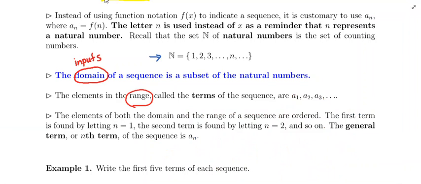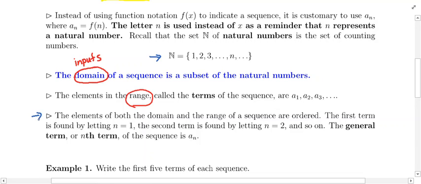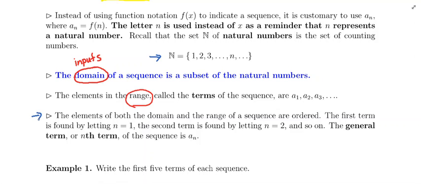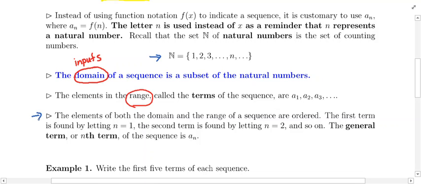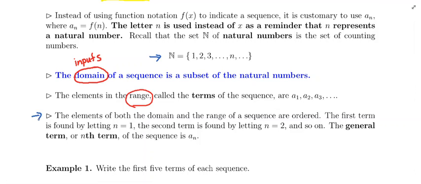Your outputs are going to actually be the terms of the sequence, okay? The last bullet point here basically explains what I just showed you in that particular sequence. The elements of both the domain and the range of a sequence are ordered. To get the first term, you find that by letting n equals 1. Then you get the second term by letting n equals 2, and so on. That's going to generate all the terms in the sequence, okay?